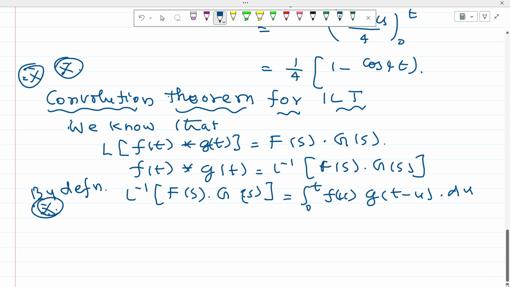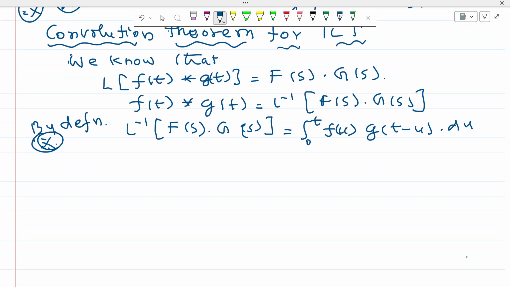Problems using convolution theorem. Write down.